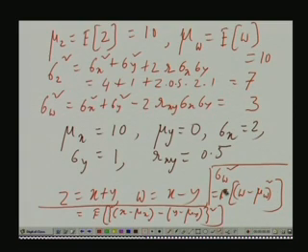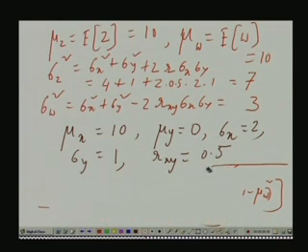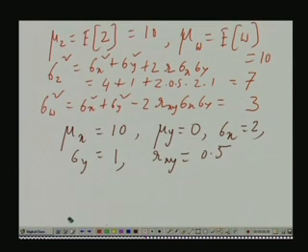And lastly, we have to find out the correlation coefficient between z and w. Now, what is the correlation coefficient? That is covariance divided by the respective standard deviations.